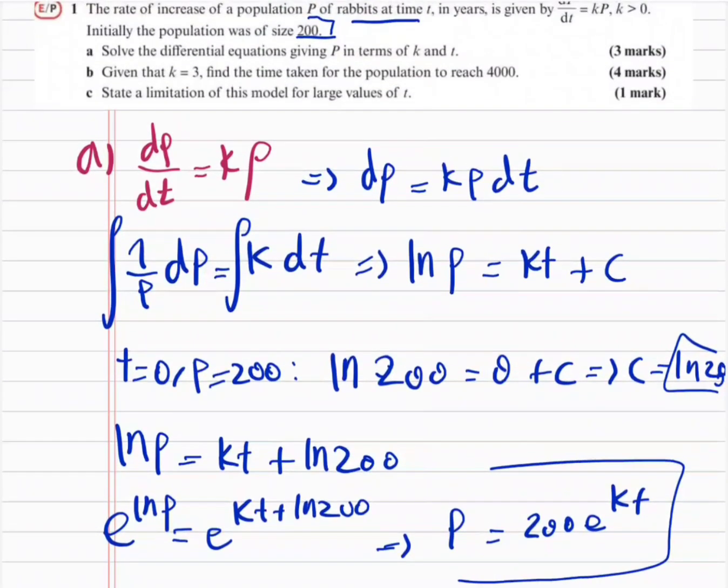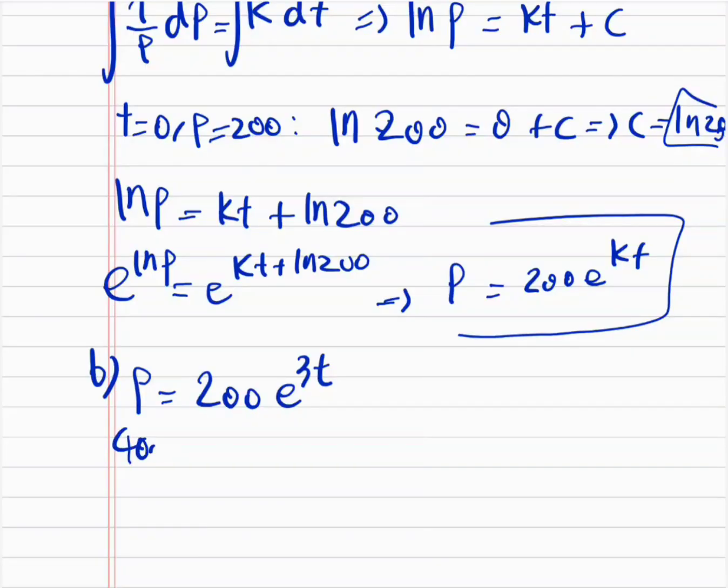And remember that the population in this case is 4,000, so P is equal to 4,000. Now we just need to solve this equation to find the value of t. We can divide both sides by 200, which gives 20 on the left hand side. It's equal to e^(3t).